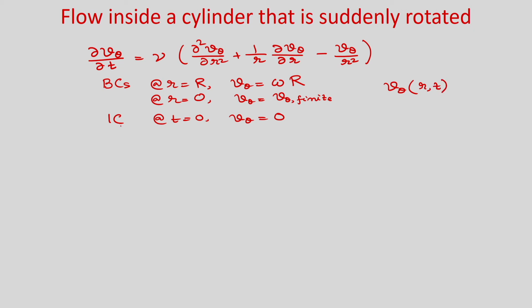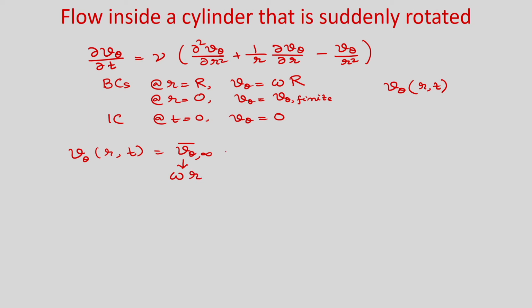Okay. So, now this problem can actually be found as a superposition of two velocity profiles. One is v theta, which is a function of r and t. One solution is omega r, which is your v theta bar, which is for t tends to infinity. So, obviously this solution you know will be omega into r. Okay.